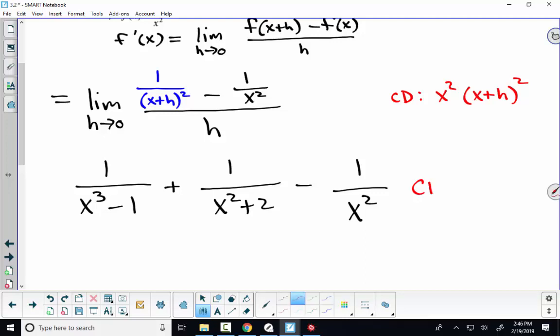So in that case, any common denominator can be found. Just take all three denominators and multiply them together. That will always give you a common denominator. So there's no thought required. We just multiply all the denominators together.